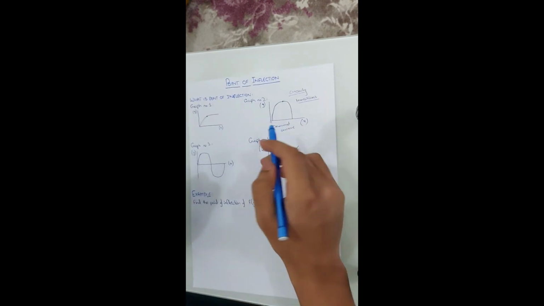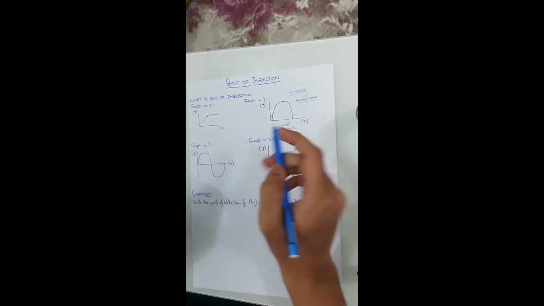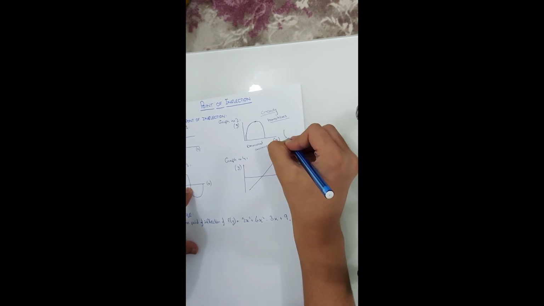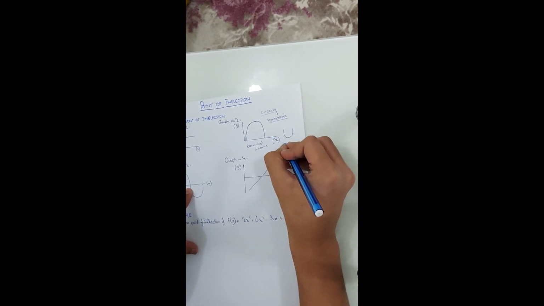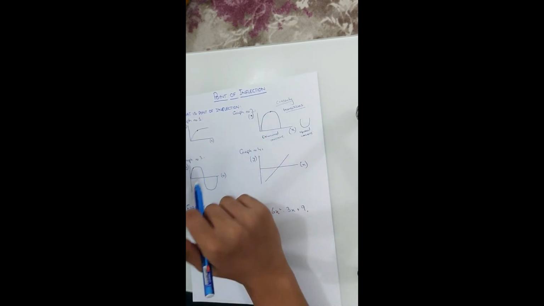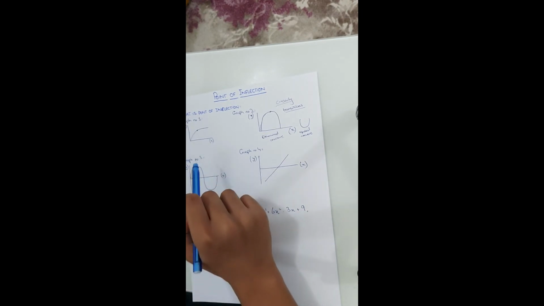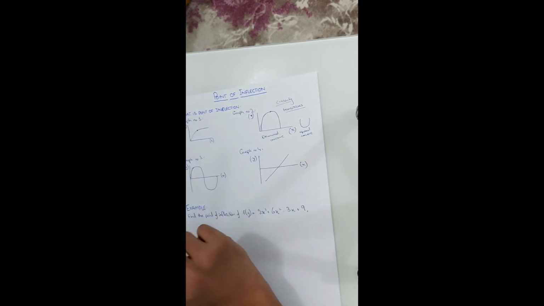And if we turn the shape like this, it becomes an upward concave. So majorly we will discuss concaves. That's why point of inflection is also known as concavity transitions.